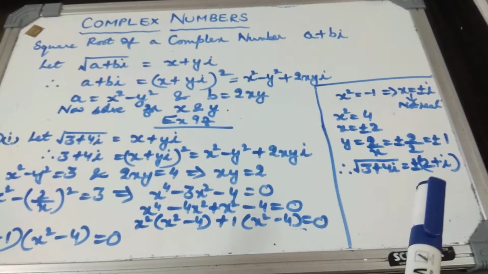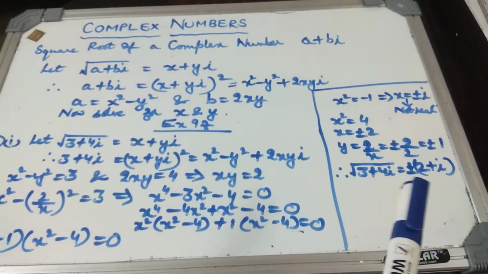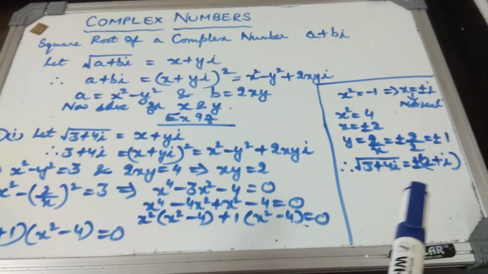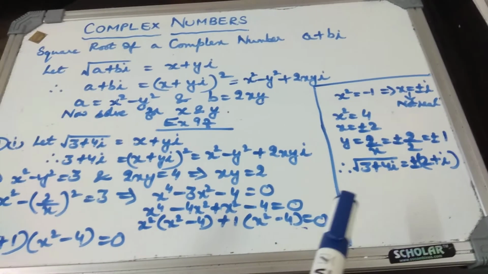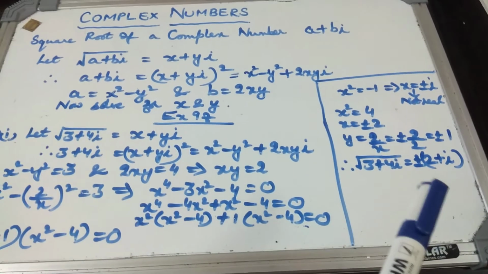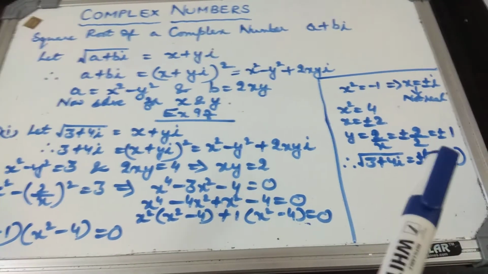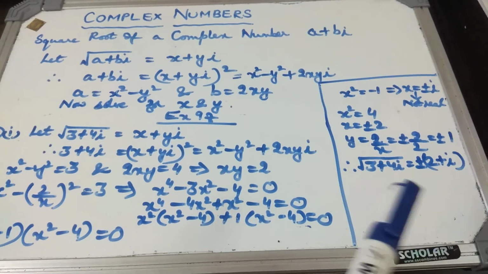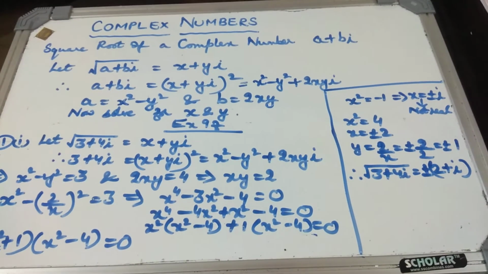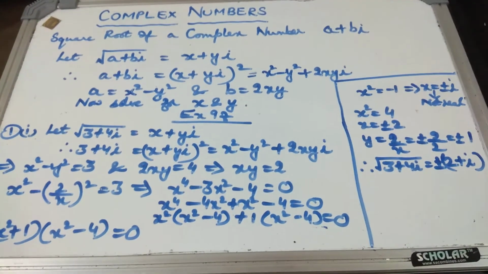Hence substituting the values, taking plus minus common outside the bracket, the square root of 3 plus 4i is equal to plus minus (2 plus i). Hence this is the complete solution for the question.